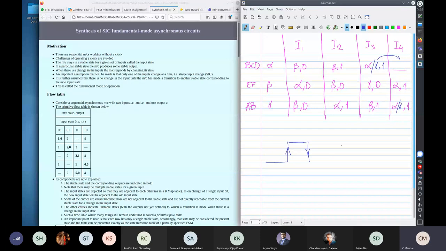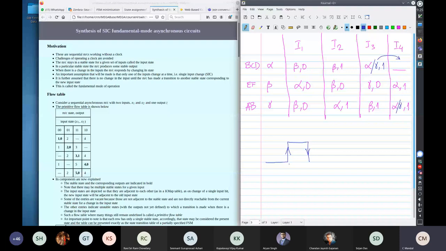Depending on the kind of flip-flop you use, some flip-flops transfer data on the rising edge, some on the falling edge. That depends on the design of the flip-flop.